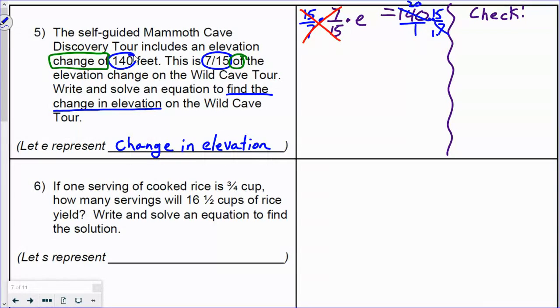So then all we really got to do is take 20 times 15. All right, well, that gives me 0. And then 2 times 5 is 10. 2, 3. So we're at 300. Okay, so we are saying that E equals 300 feet.